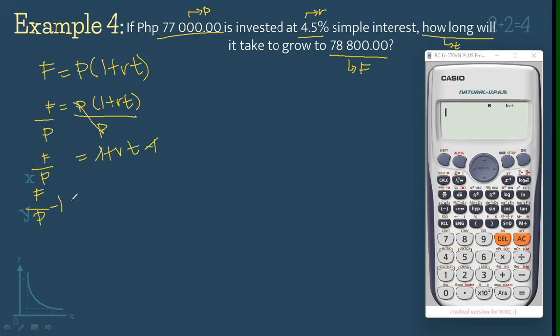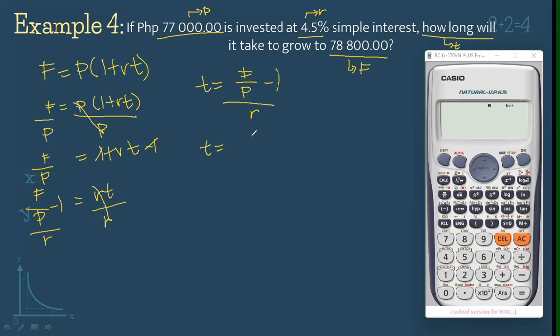Cancel natin tong dalawa, ang maiiwan na lang is RT. Since si T po yung hinahanap natin, divide both sides by R. So cancel na si R. Ang new formula po natin is F over P minus 1 all over R.